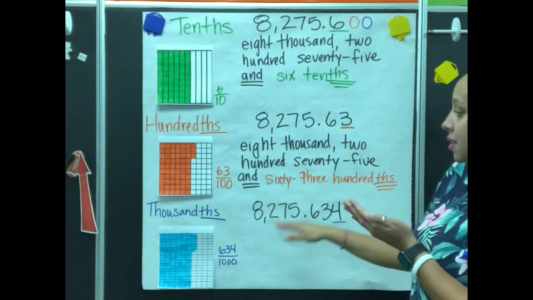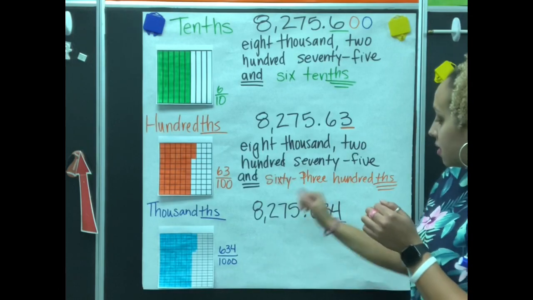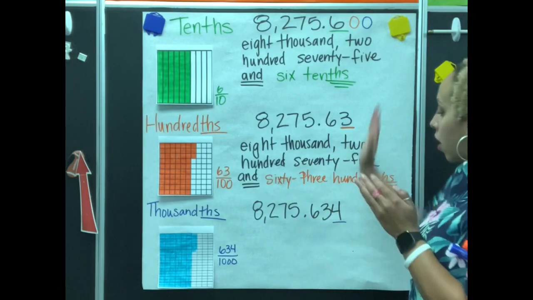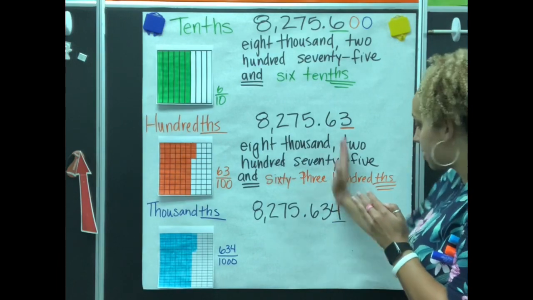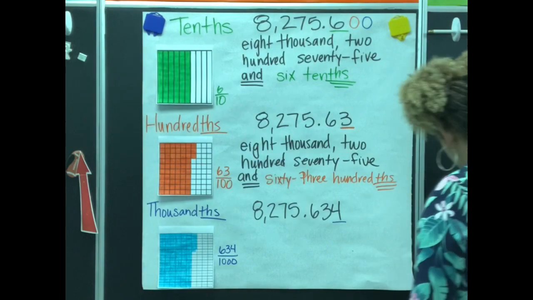8,000, jump the fence, 275 and 634 thousandths, because this is in the thousandths place. We say it exactly how we write it.